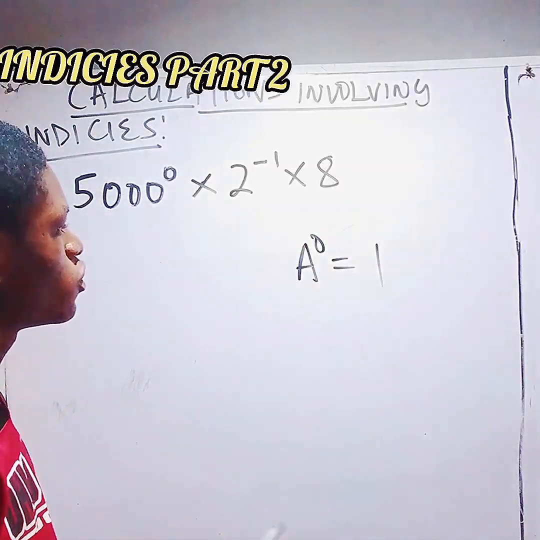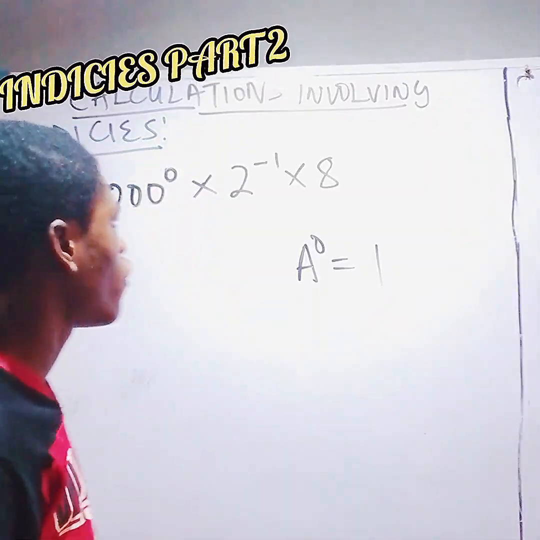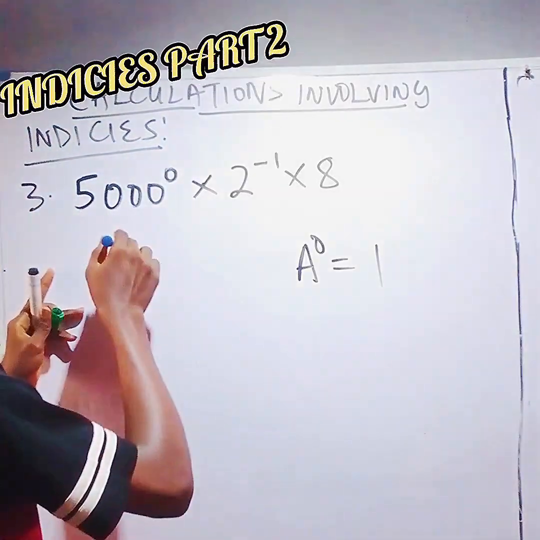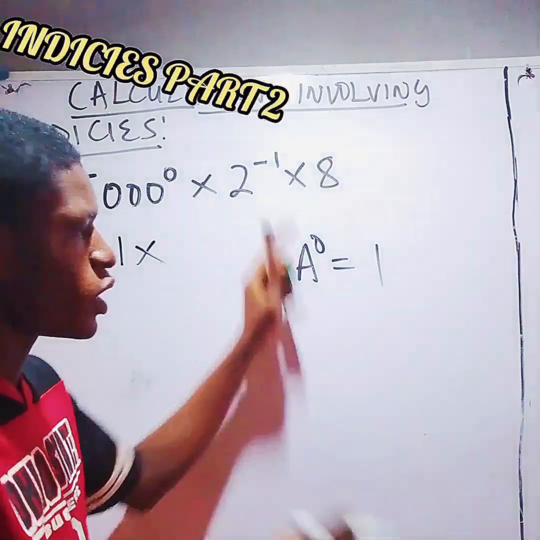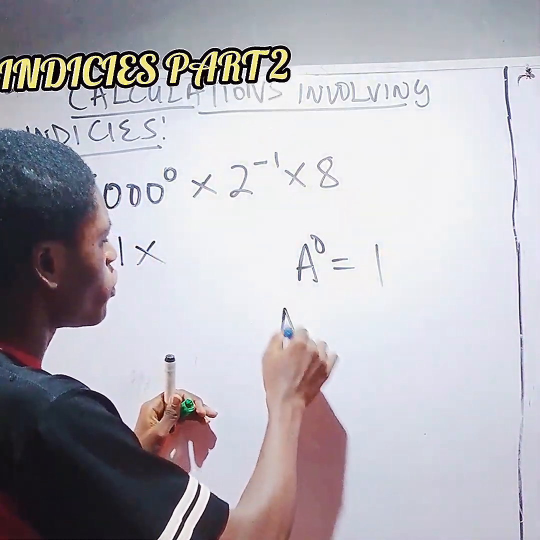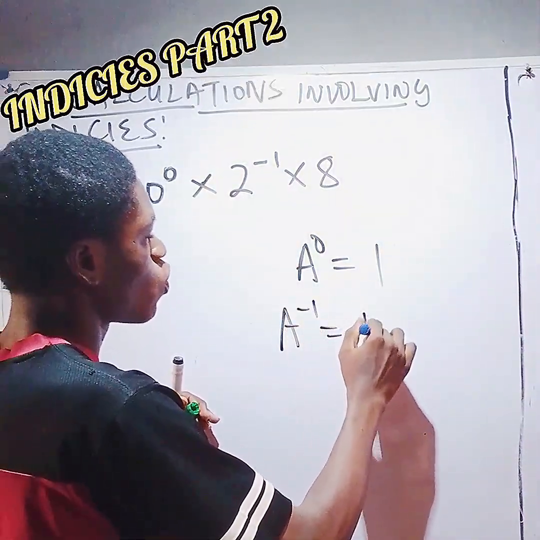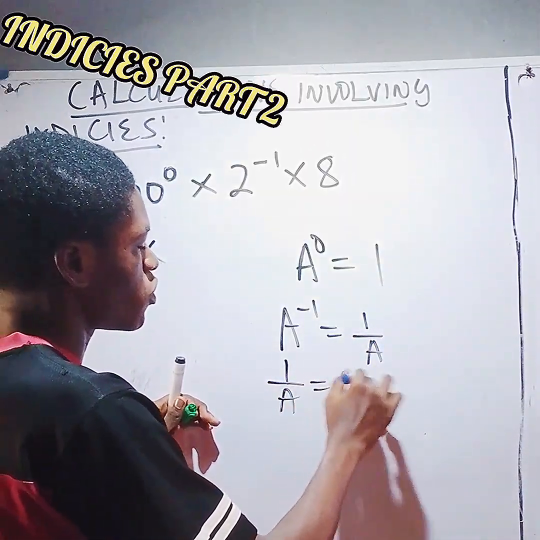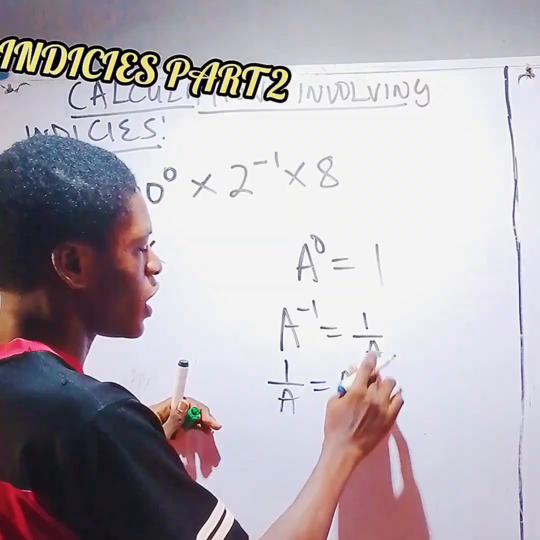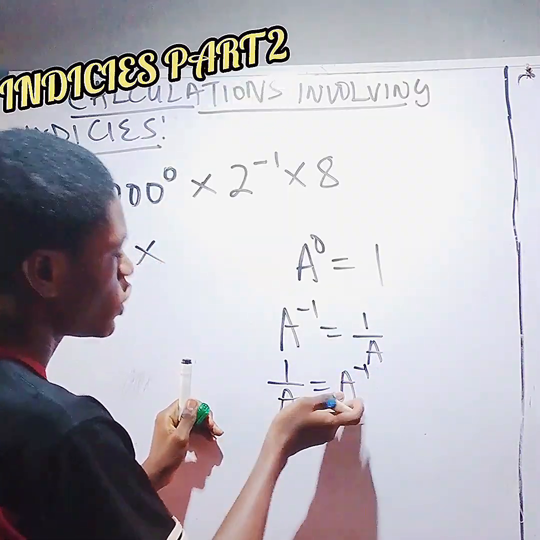Anything raised to the power of 0 is 1. Therefore, 5,000 raised to the power of 0 is 1, times. Now, 2 raised to the power of minus 1. Remember the law that states that a raised to the power of minus 1 is equal to 1 over a. The other way around, 1 over a is equal to a raised to the power of minus 1. Both are the same thing.